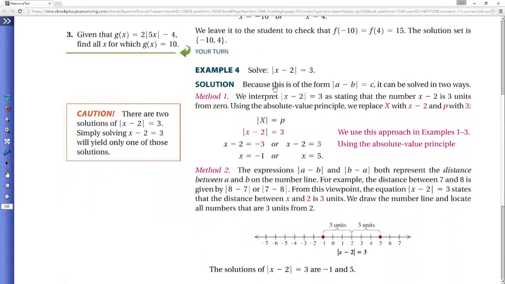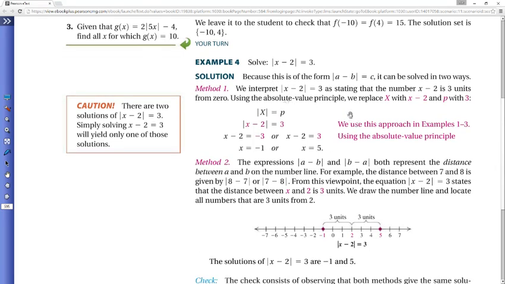Now this one here is pretty much the same, and they're saying because of this form, you have to think about a couple things here. It can be solved in two ways, and let's look at this.